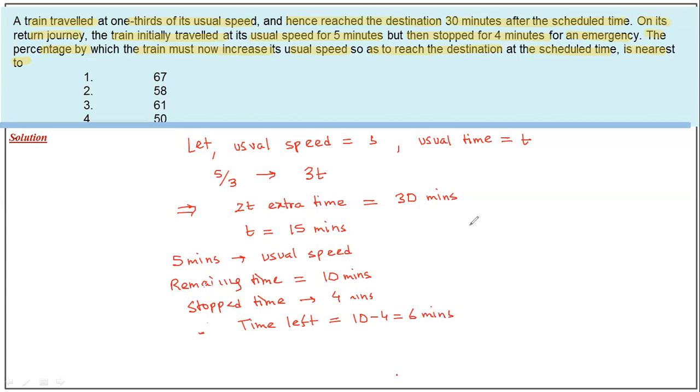So the speed ratio would be, if I take the increased speed as s1, then s1 by s would be equal to 10 by 6, which is equal to 5 by 3, which is equal to 1.667. So the percentage increase would be 66.67%, which is approximately equal to 67%. Option 1.